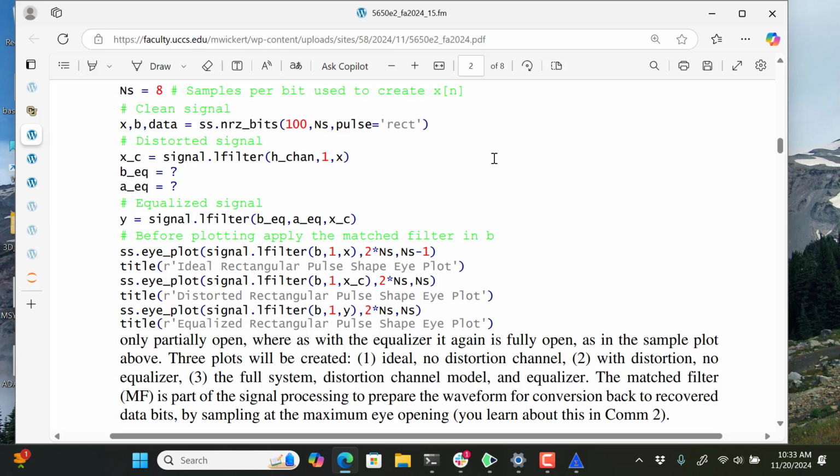We're using a rectangular pulse shape. It could be root raised cosine, but B comes out of that, and that is your matched filter that gets used later on. When you're going to plot an I plot, you will take your output signal and then pass it through the matched filter right there. And this is kind of the setup for it right in here. It's kind of fun. Pretty simple problem, really, but you got to understand some things and take it through its paces.